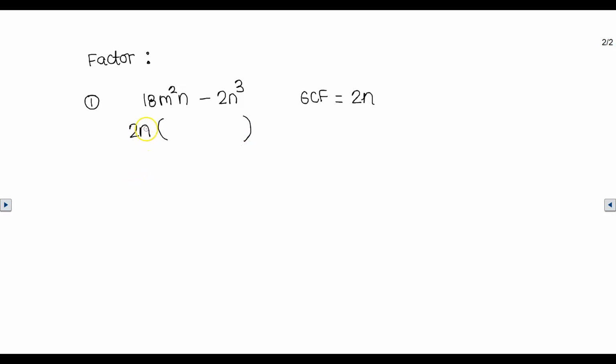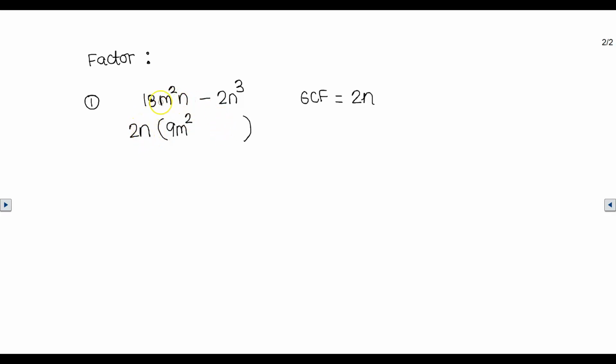So now remember, think about distributing. You have to multiply 2n times the first term and get 18m to the second n. Well, you would need 9m squared, so that when you multiply 2n times that 9m squared, you get 18m to the second n.